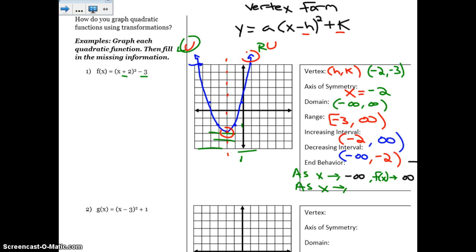So as x approaches positive infinity, with regards to the x, the right side would be going towards positive infinity. What is f of x doing? So what are the y values doing on the right side? What is that right arrow doing? Is it going up or down? It's also going up, isn't it? So f of x is also approaching positive infinity.